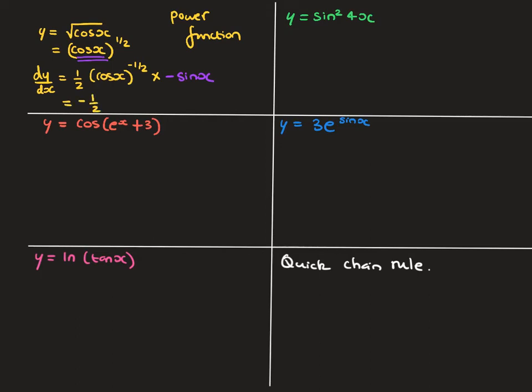It's -1/2 sine x cos x to the -1/2, which you could write in the denominator as the square root of cos x if you wanted to. So another way of writing this answer would be negative sine x over 2 the root of cos x.